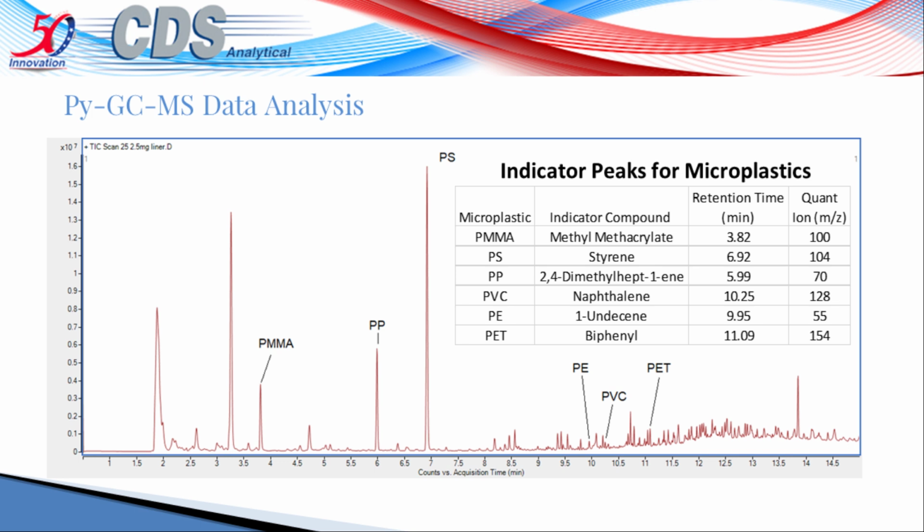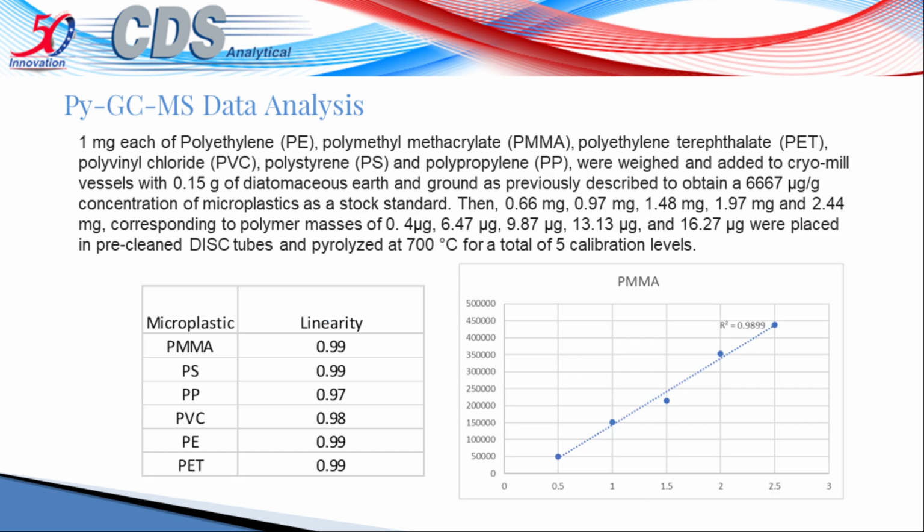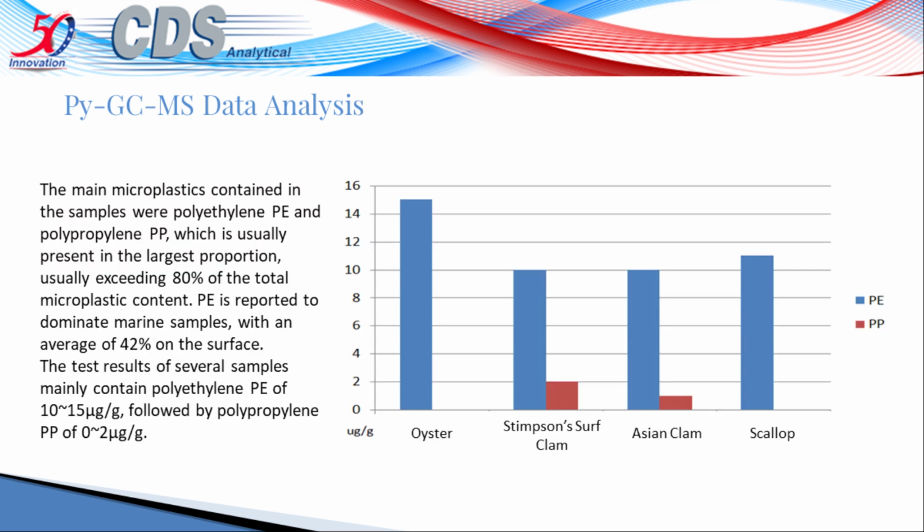Specific quant ions and retention times were used for the calibration. Using the area of each quant ion, a calibration was performed by weighing 5 different levels of sample into the tubes between 0.66 milligrams and 2.44 milligrams to get a calibration range of 0.4 micrograms to 16.27 micrograms.